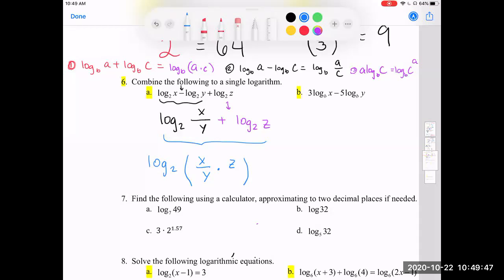You can think of z as z over 1, and then how do you multiply fractions? You multiply across. So we have log base 2 of x times z divided by y times 1, we just get y. That is our answer.